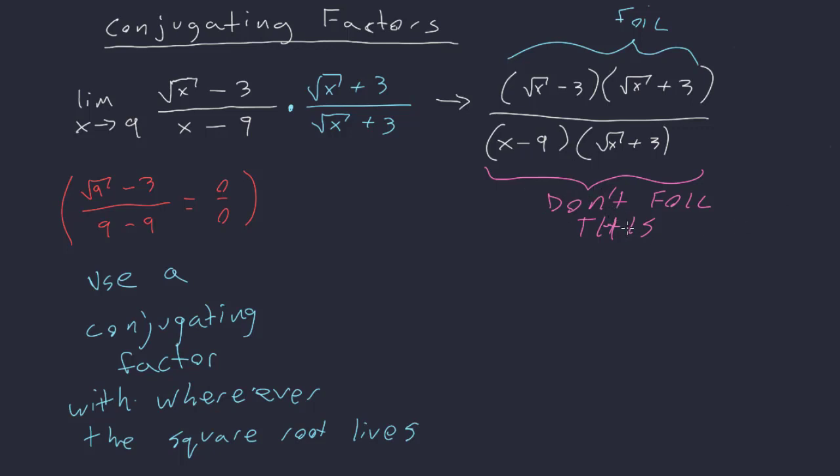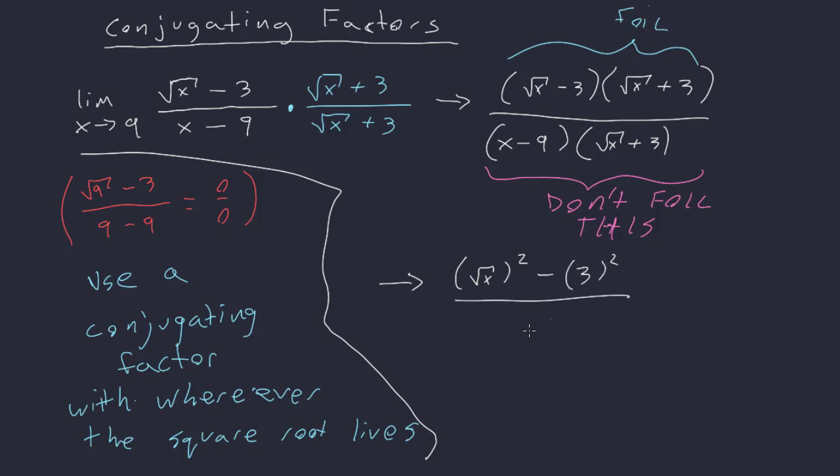If you FOIL both, you're just going to be in a messy place, because here, when we FOIL this, let me break this off a little bit. Remember, the a minus b times a plus b is going to be the first term squared minus the second term squared. Again, I'm going to leave the denominator alone.